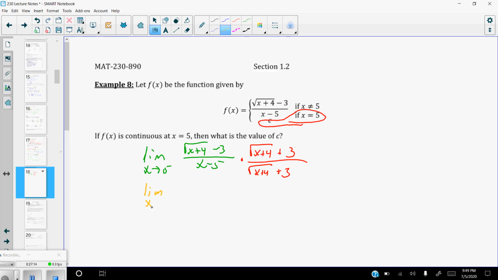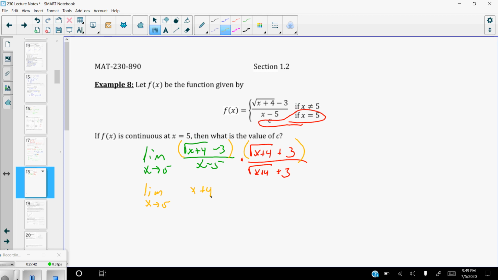We're going to have the limit as x approaches 5. If I multiply this top piece, it's FOILing. First times first, the square root of x plus 4 times the square root of x plus 4 is just x plus 4. If I multiply the outsides and the insides, I'm assuming you all know what FOIL is, I would get 3 square root of x plus 4 minus 3 square root of x plus 4, which is gone.